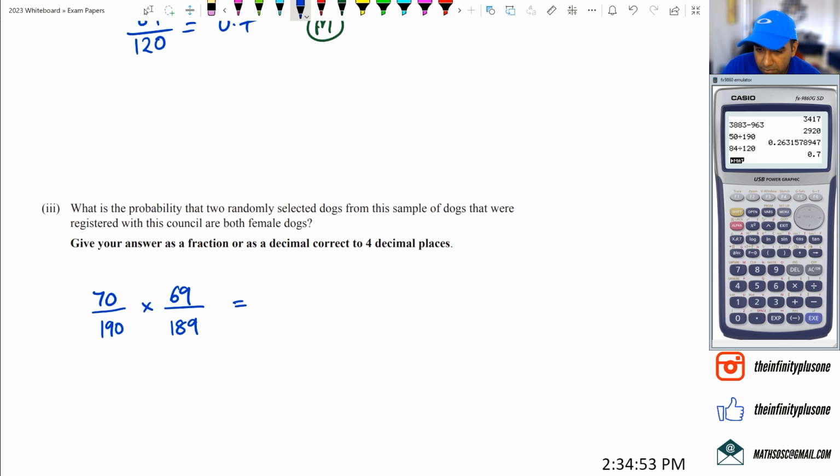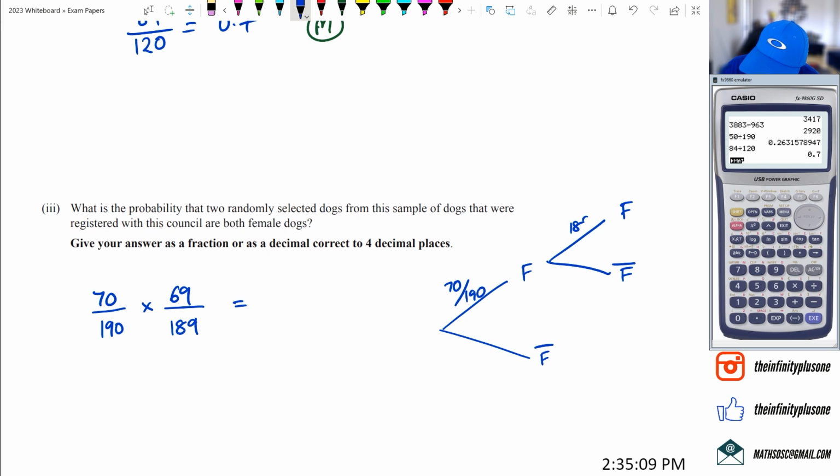If you think about it as a probability tree, that might make sense. You've got 70 out of 190, and then 189 left, and 70 is gone, so that's going to be 69.